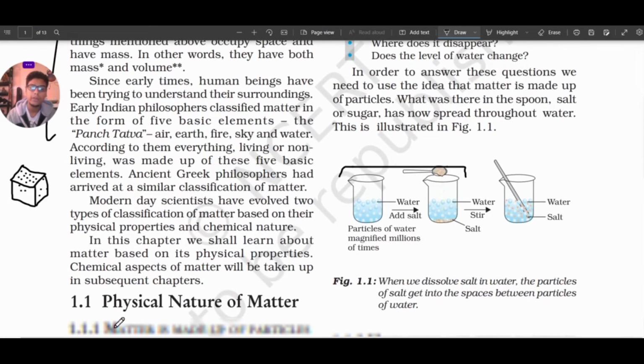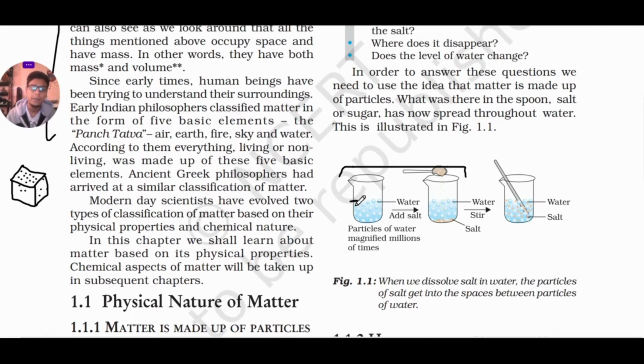We fill it half with water and mark the beaker, so the water is filled up to this level.